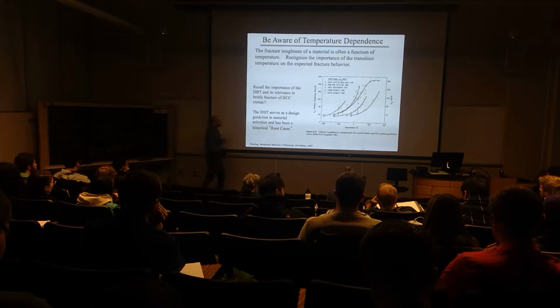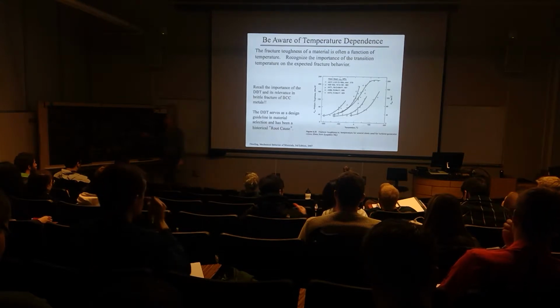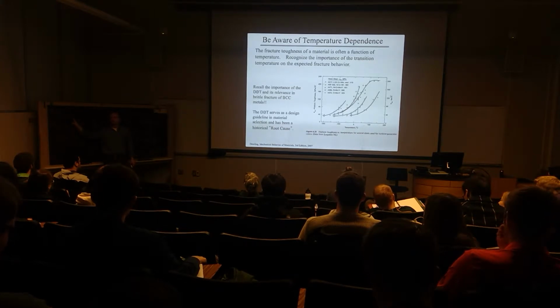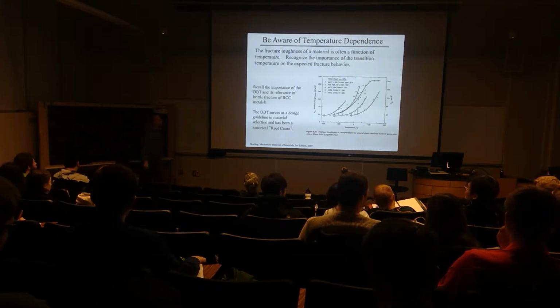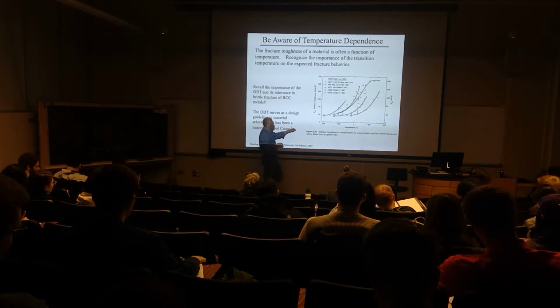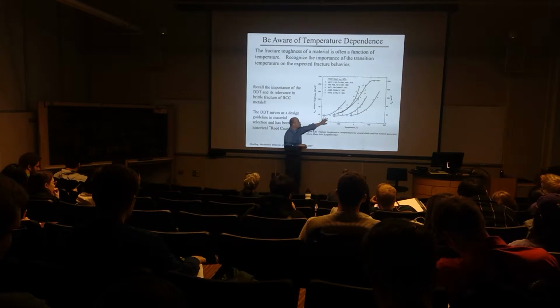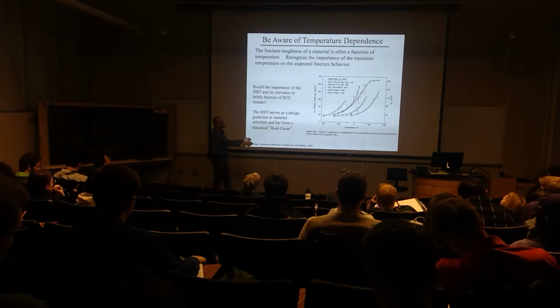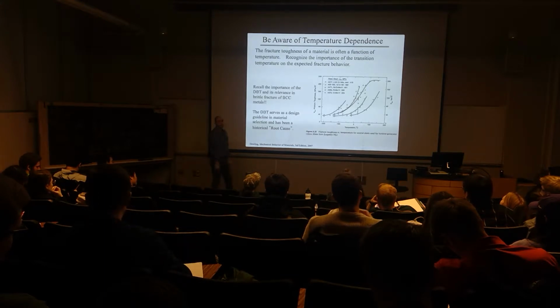All right, so the other thing that can happen that can change this quantity that's important in this linear elastic fracture mechanics definition is just temperature. You know that all of the body-centered cubic materials that you've been looking at that you saw undergo transition temperatures can exhibit changes in fracture toughness between the upper shelf temperature regime and the lower shelf temperature regime.